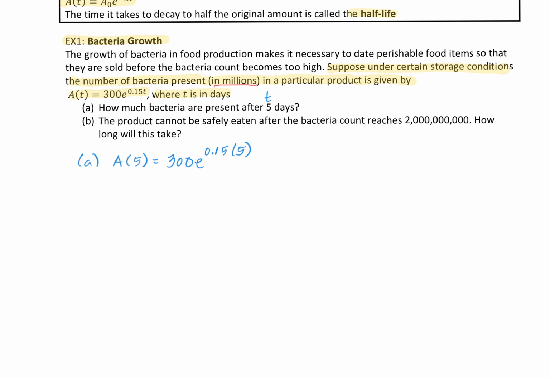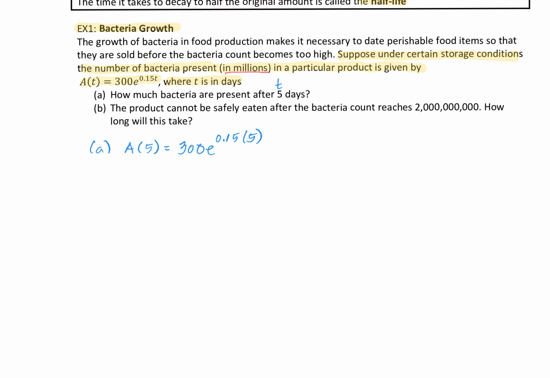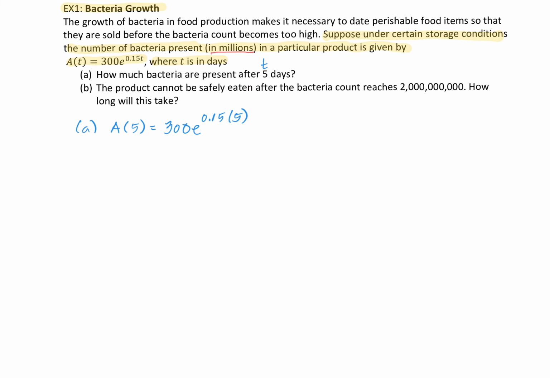This is just a calculator problem. When I put it in the calculator, and here we'll just round it to the nearest million, I get about 635. So remember, that's in millions. Or in other words, we would have 635,000,000 bacteria.